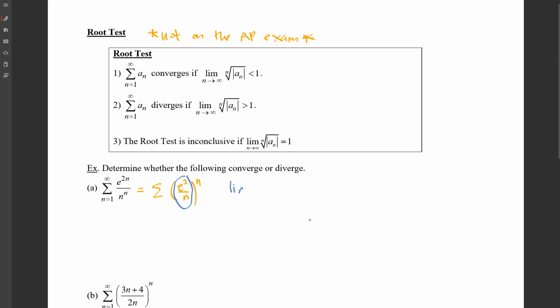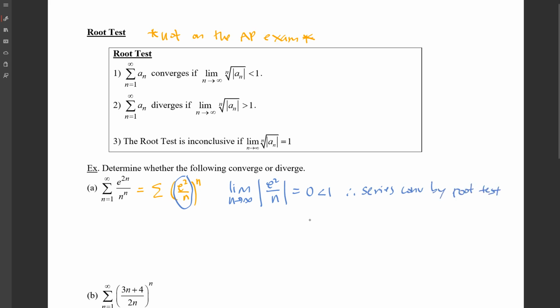So I take the limit as n goes to infinity of this root here, so that's going to be e squared over n, and as n gets bigger and bigger and bigger, what this number will go to is 0. Then I compare this answer 0 with 1. This is less than 1, so therefore this series will converge by root test.